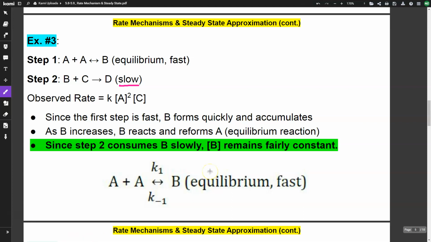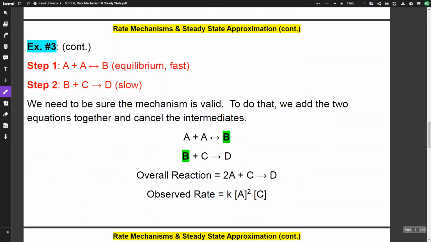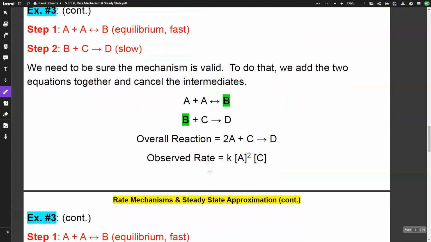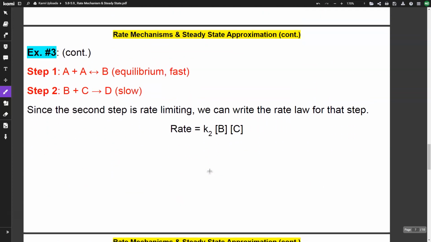So let's go through how to verify our rate here. We already established that B is an intermediate. So what we're going to do is write out our rate laws. For step 1, in the forward direction, we have k1.